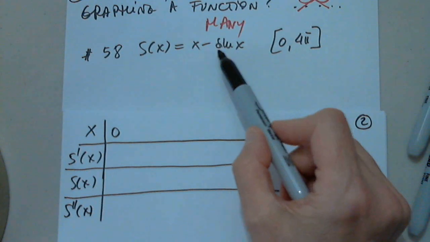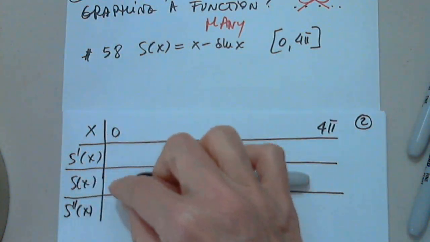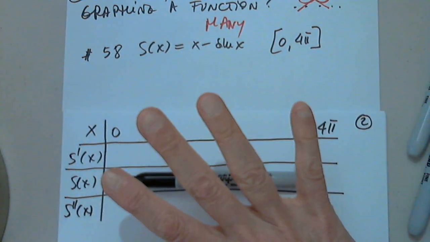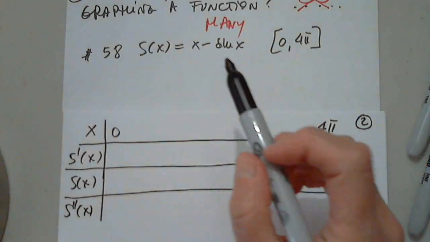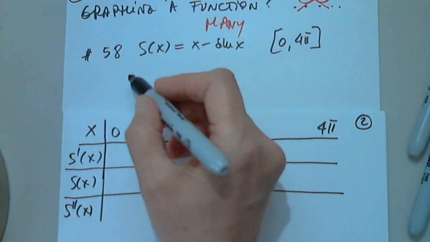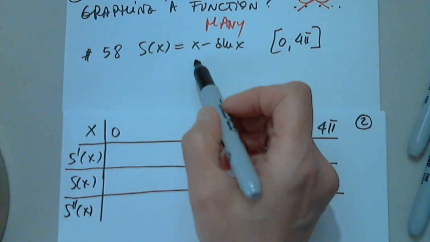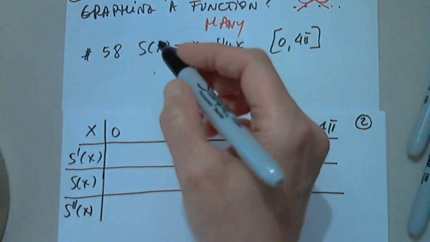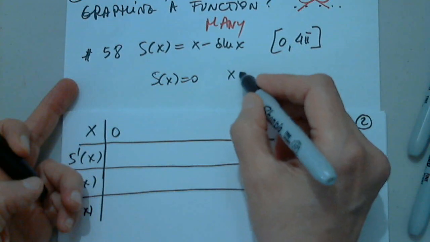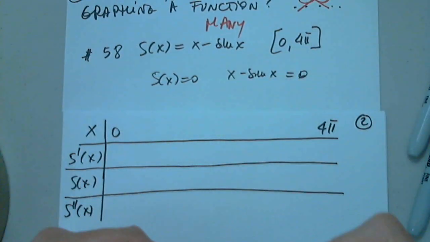So this is a difficult situation a little bit. First of all, remember we start discussing S of x. No derivatives just yet. So what I need to determine here is, first of all, the x-intercept. So again, we skip domain because it's already given to us. The x-intercept is when S of x is 0. So x minus sine x equals 0. We don't know how to solve this.